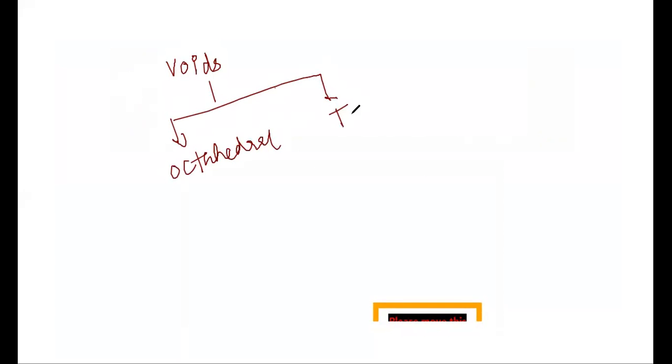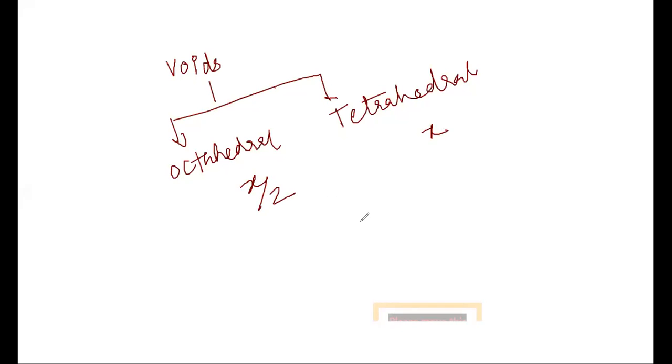Another is known as the tetrahedral voids. Now you need to remember that if you have x tetrahedral voids, then octahedral voids would be x by 2. If you have y octahedral voids, then tetrahedral voids are going to be 2y. So this is the relation between the voids.